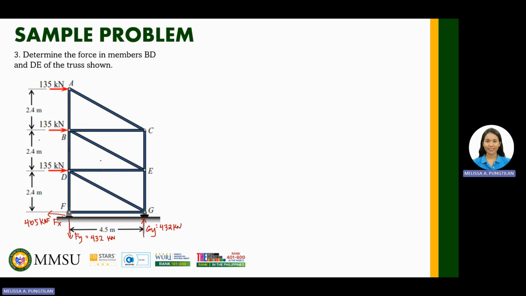Therefore, we can have our cutting line here. Ayan. Tawagin natin AA. So, it will pass on BD, DE, and EG. So, BD and DE lang naman yung kailangan natin. Okay. So, I would like to isolate yung ating lower portion. And again, you can use the upper portion in computing the unknowns.